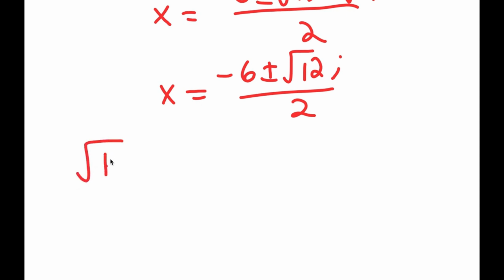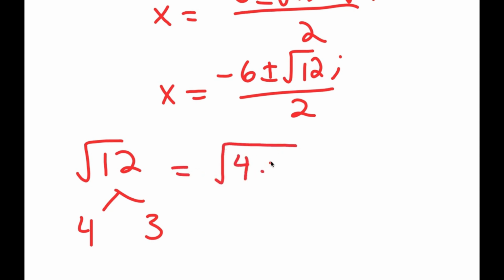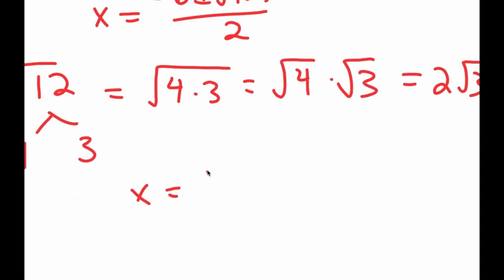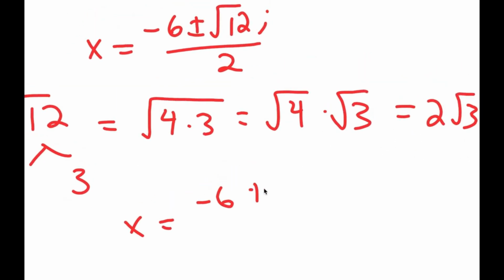Now the square root of 12, this is the same thing as the square root of 4 times 3, right? Which is equal to the square root of 4 times the square root of 3. The square root of 4 is 2. This is equal to 2 root 3. So I get x is equal to negative 6 plus or minus 2 root 3 i over 2.